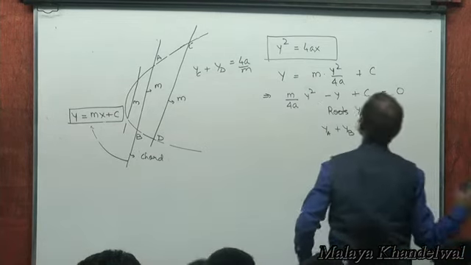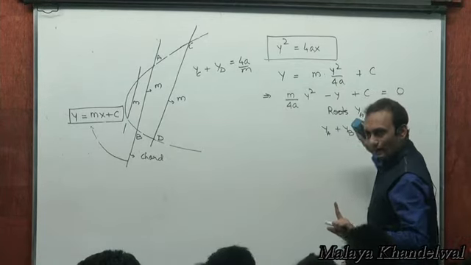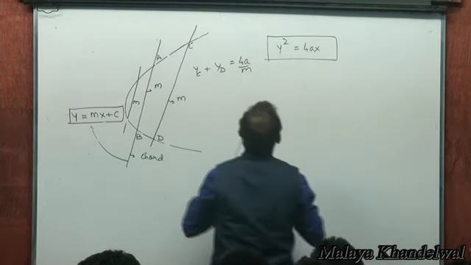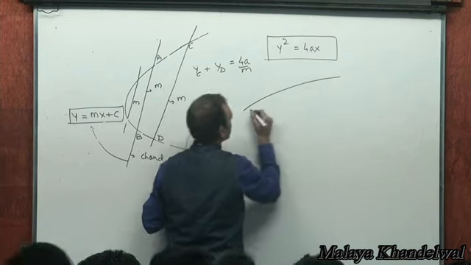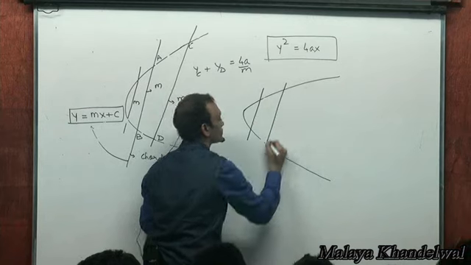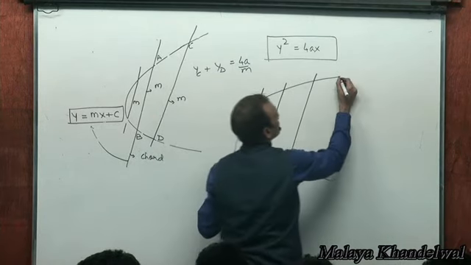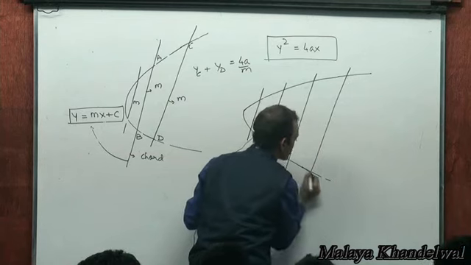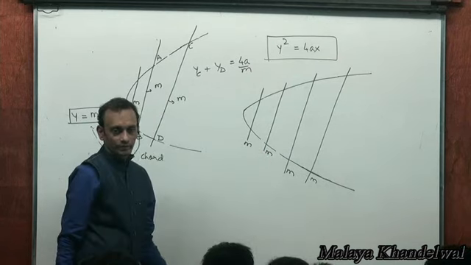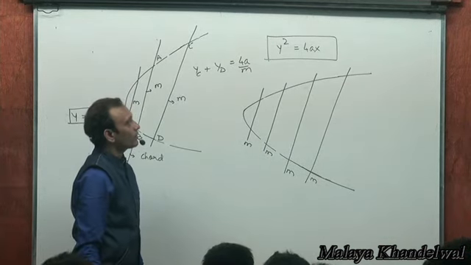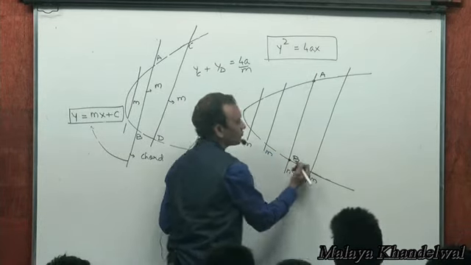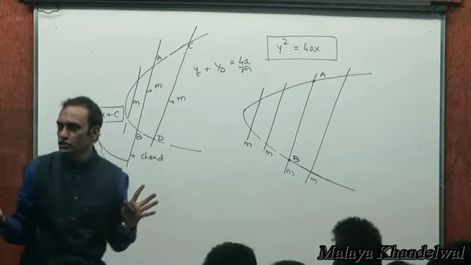Which means, say if this was a parabola and I had a system of parallel chords, each of slope m, and I took y of this end plus y of this end, for any chord it's going to be the same for all the chords, 4a by m.